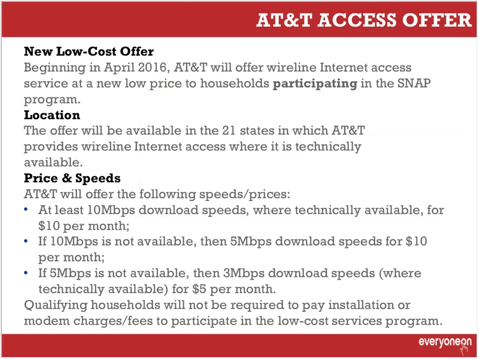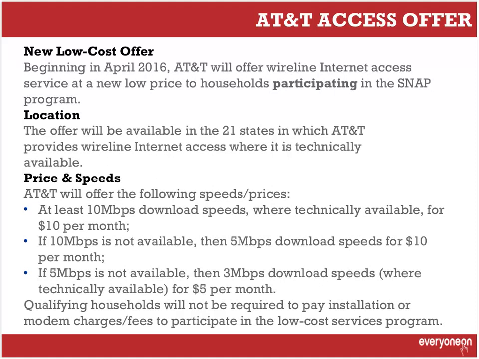And then we have a number of offers available, but I want to talk about one really quickly that just came online this past month. It's from AT&T. It's a low-cost offer of very high quality speeds, about $10 a month.